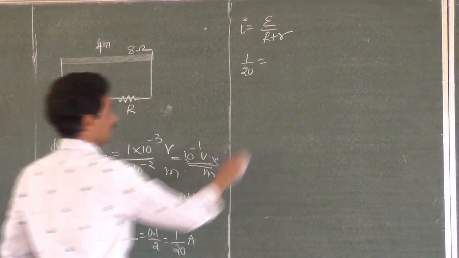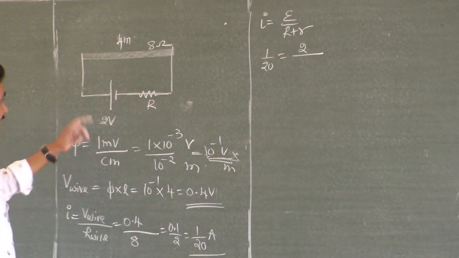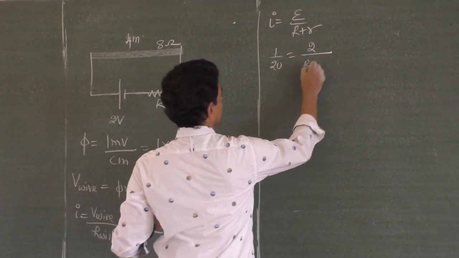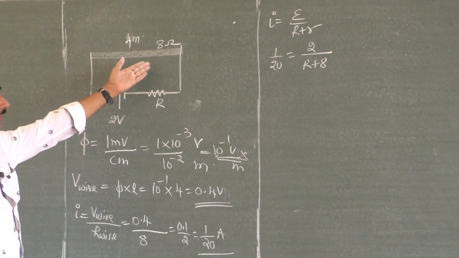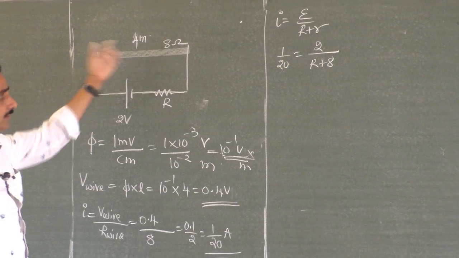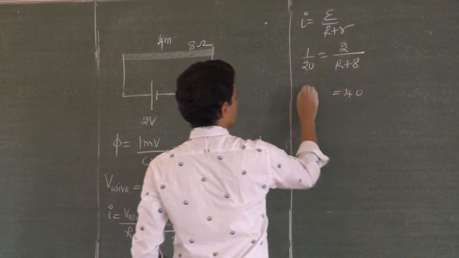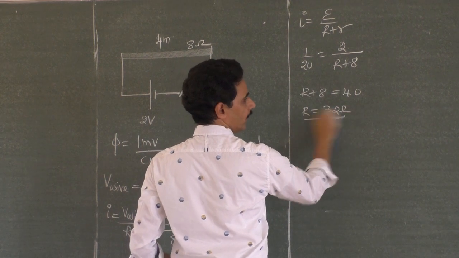EMF of the cell, the accumulator, which is another name for cell, is 2 volt divided by the total resistance, R plus 8. Internal resistance is not given, but the wire resistance also has to be considered. So 40 is equal to R plus 8, R is equal to 32 ohm.